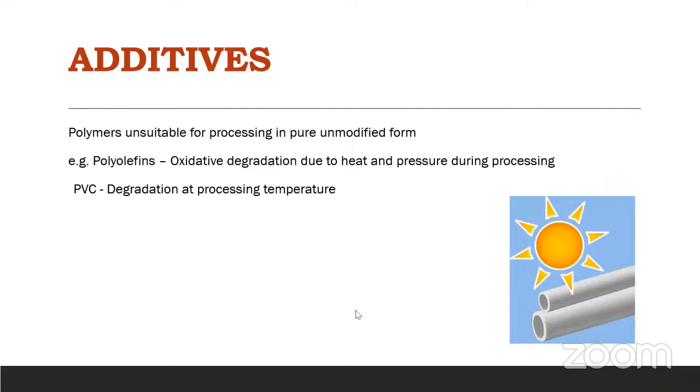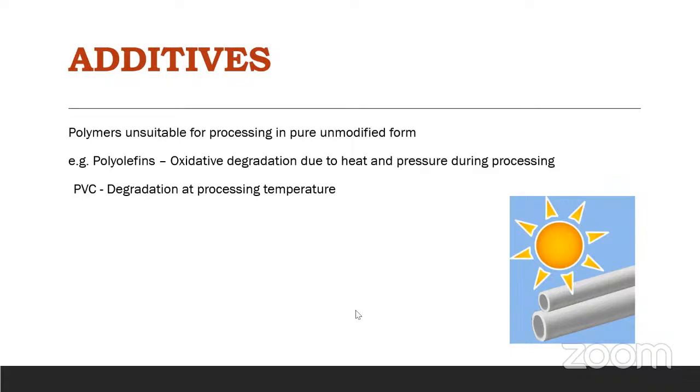Mostly all the polymers are unsuitable for processing in their pure, or we can say unmodified form. Let's take an example of polyolefins, or polyethylene, polypropylene. When they are subjected to environmental factors, oxidative degradation takes place.